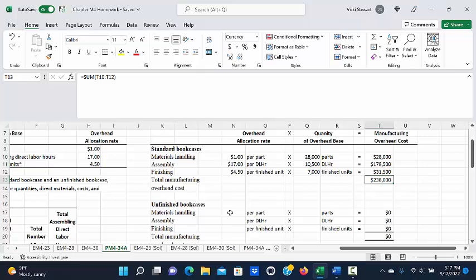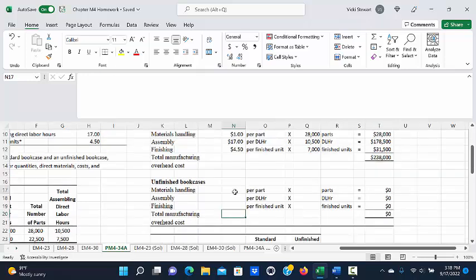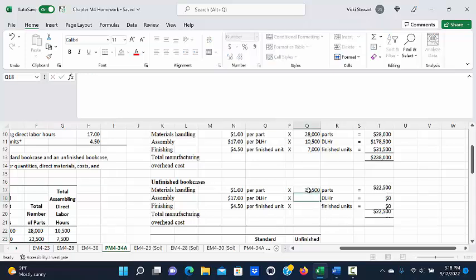So now we're going to do the same thing for the unfinished bookcases. So our rates again are $1 per part for materials handling, $17 per direct labor hour for assembly, and $4.50 per finished unit. And we see that we had a total number of parts for the unfinished bookcases of 22,500.